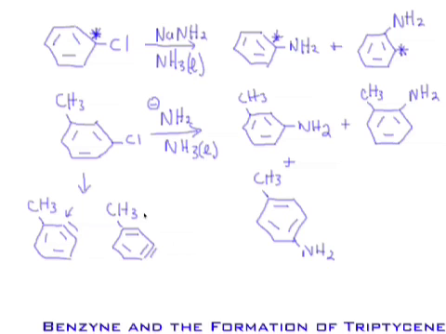One last piece of evidence for the existence of benzyne has to do with the reactivity of the pi sp squared bond that forms. What we're going to do here is attempt to form benzyne by reaction with magnesium metal.